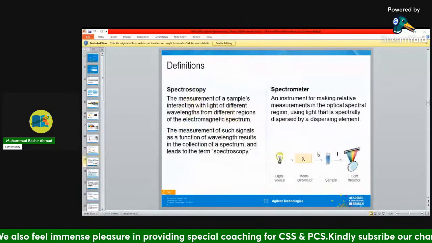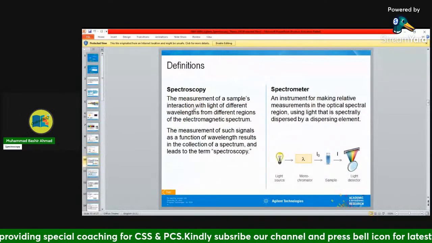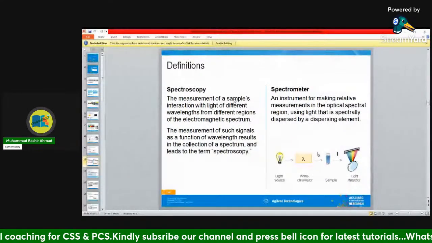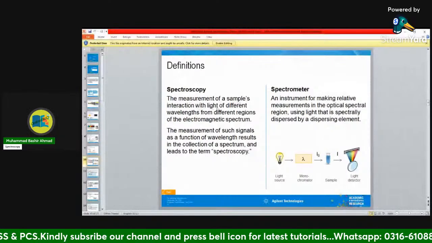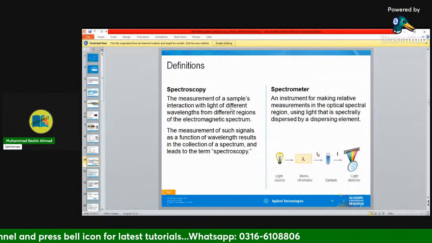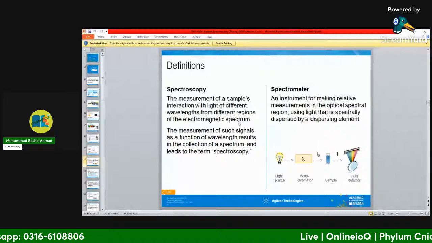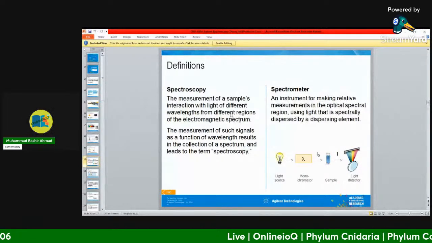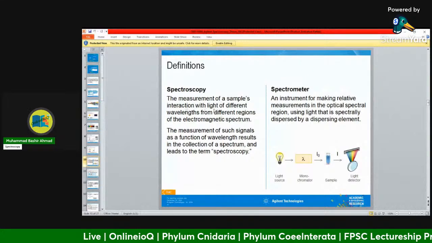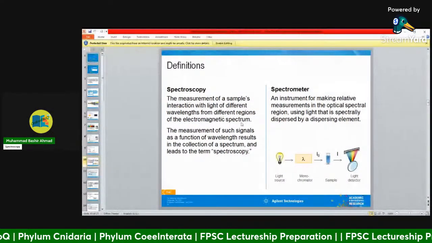Definition: spectroscopy is the measurement of a sample's interaction with light, the interaction of matter and electromagnetic radiation, with light of different wavelengths from different regions of the electromagnetic spectrum.